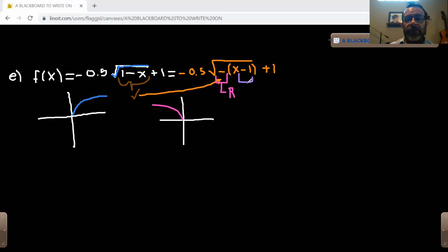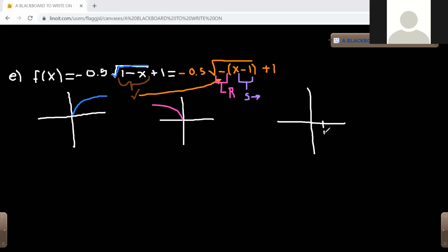That's correct. And how many units is that shift going to be? One unit, perfect.